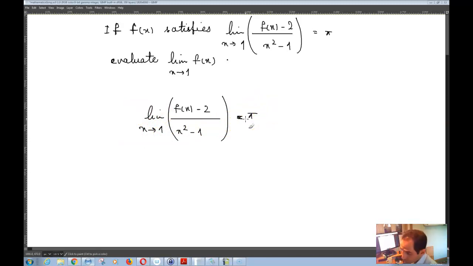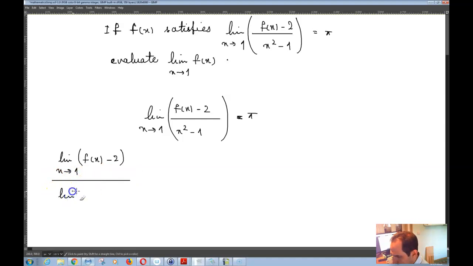So you can write this as the limit of f of x minus 2 as x tends to 1 over the limit of x squared minus 1 as x tends to 1 is equal to pi.